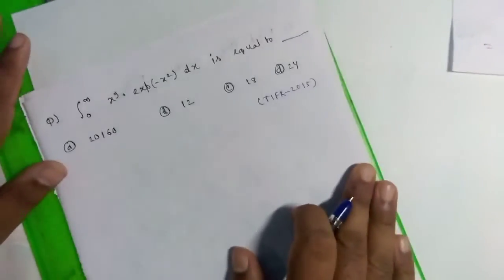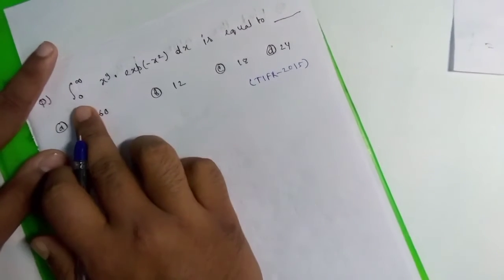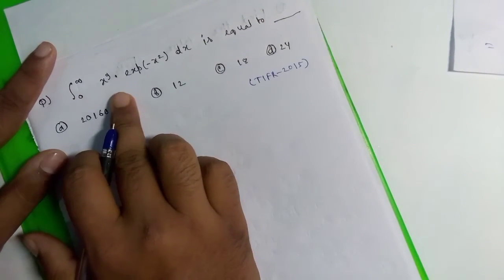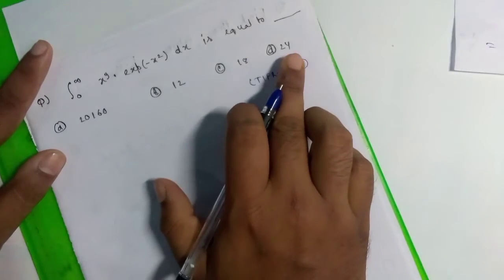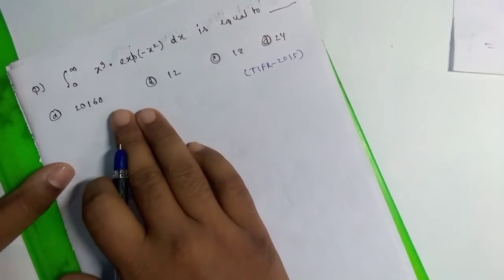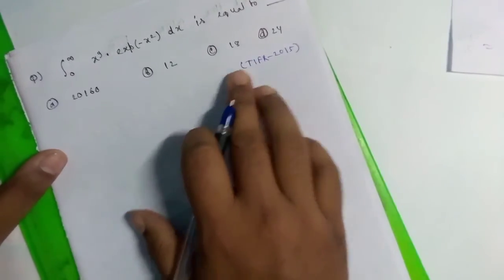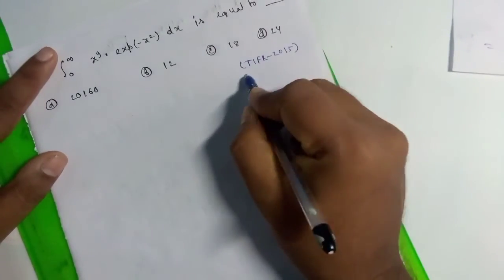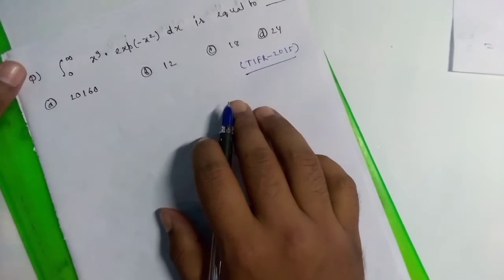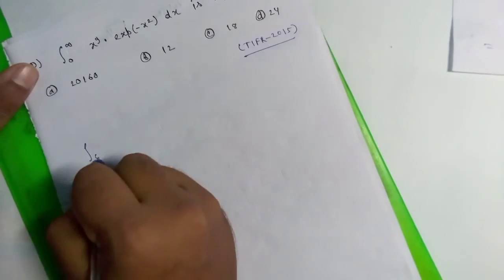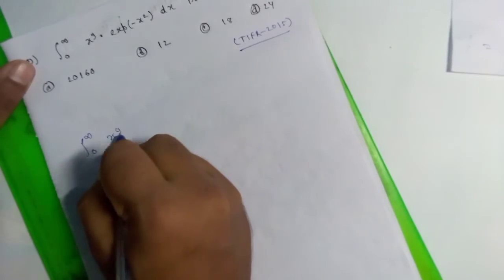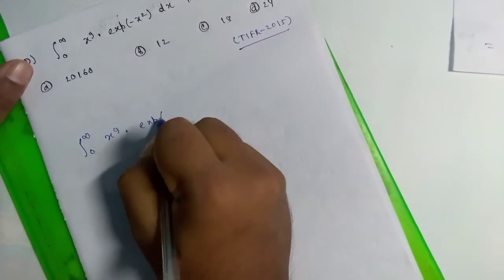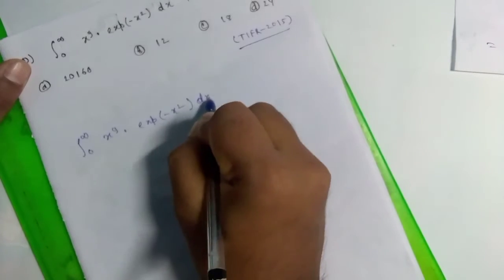Okay, so our next question is: the integral from 0 to infinity of x to the power 9 into exponential of minus x square dx is equal to, and the given options are here. This question came in TIFR. So we have the integration from 0 to infinity of x to the power 9 exponential minus x square dx.